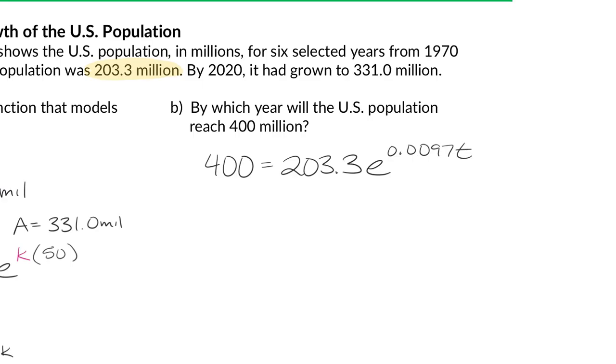Now these steps are going to start feeling very familiar because we still want to solve for t, and t is still stuck up there in the exponent. So we basically repeat the steps. We are going to divide by the initial value, 203.3. We are going to take the natural logarithm of both sides.